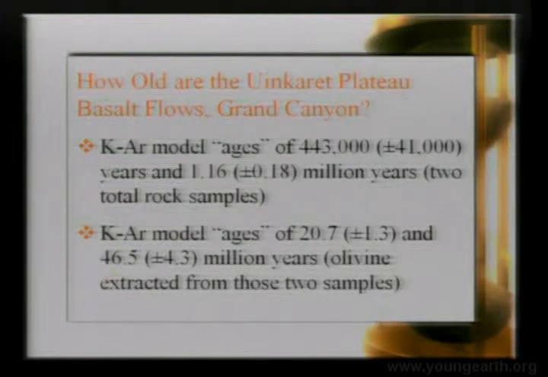From these same two rock samples, the whole rock gives a potassium-argon age of 443,000 years and 1.16 million years. We get potassium-argon ages on the olivine from that basalt of over 20 million years and over 46.5 million years. That's minerals from the same rock samples.